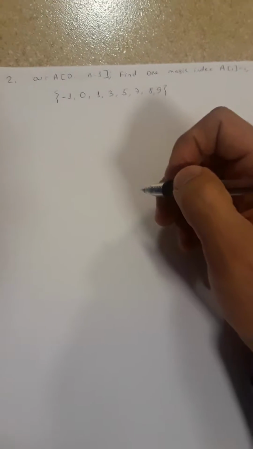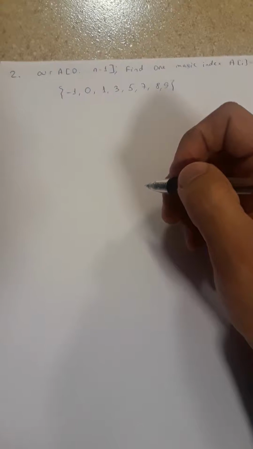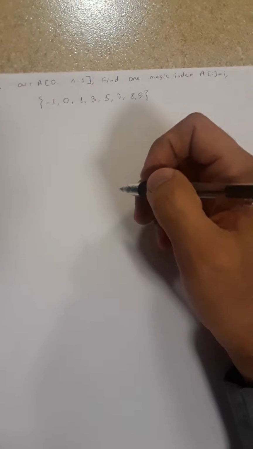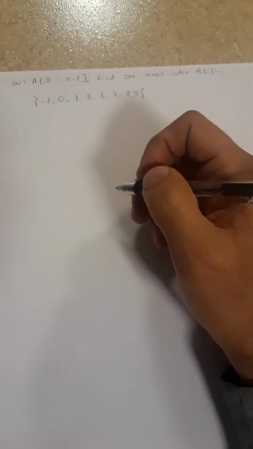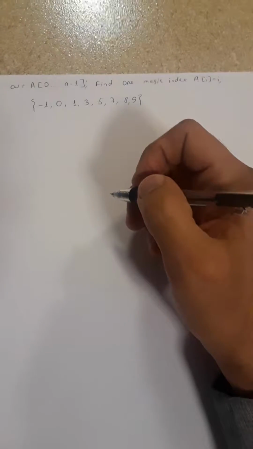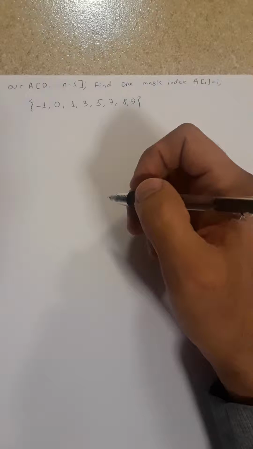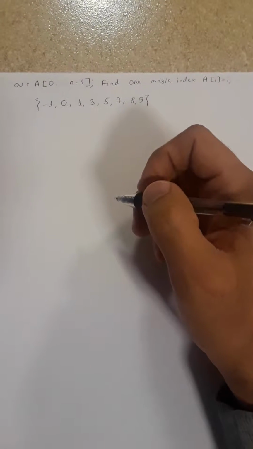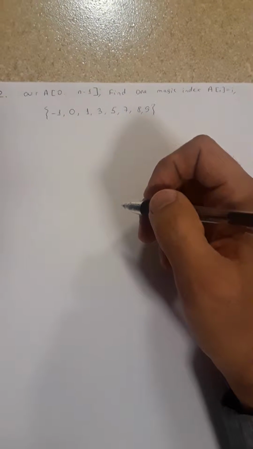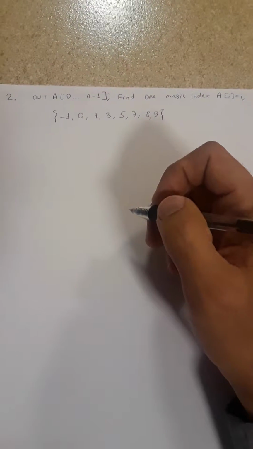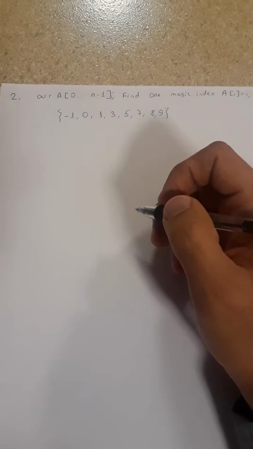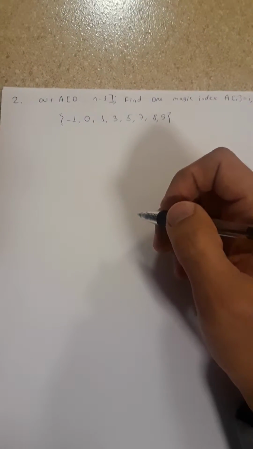Question number 5. Here we have an array of integers where we need to find one magic index, which is the element whose value is equal to its index. Here we can use a binary search approach, which is much more efficient than the naive approach.